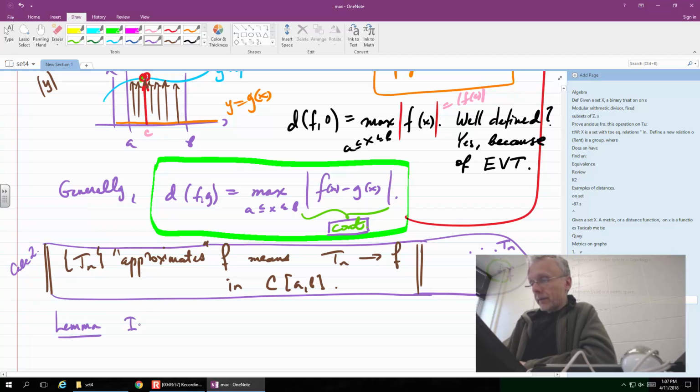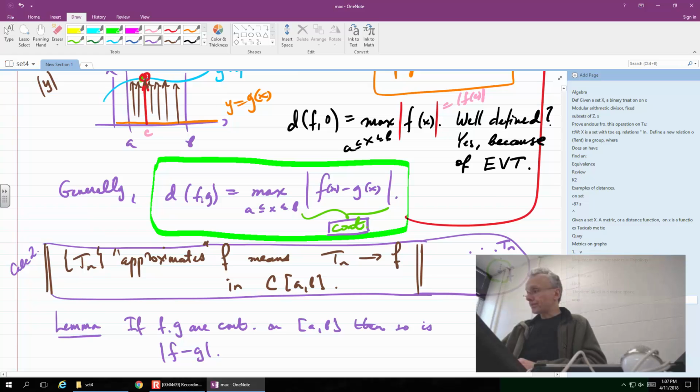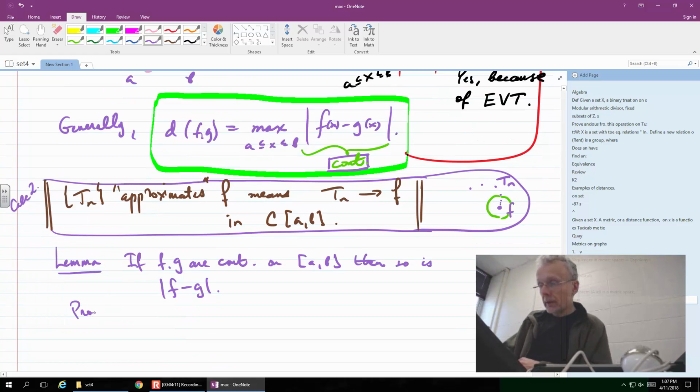If f and g are continuous on [a, b], then so is the absolute value of f minus g. As I mentioned before, it is uncomplicated. That's what we know about continuous functions.